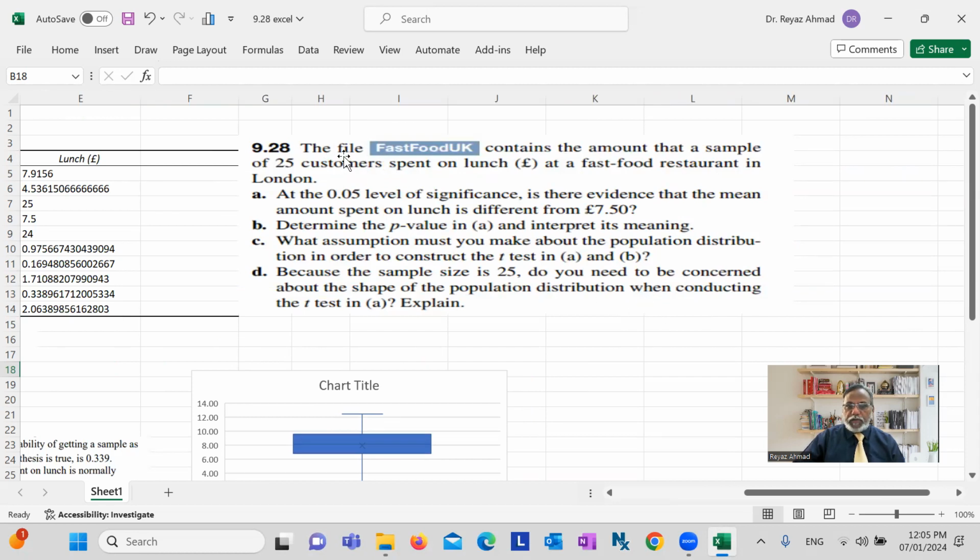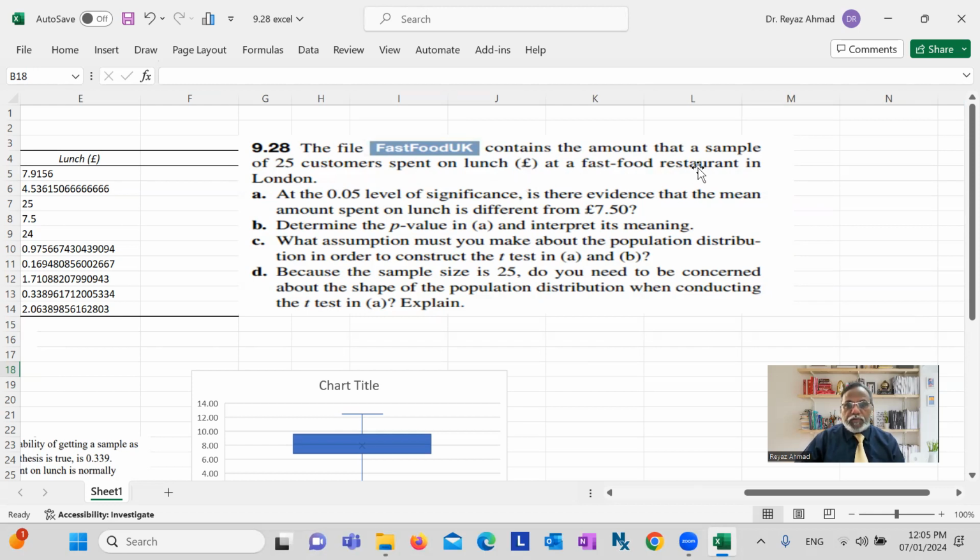So if you read the question, the file fast food UK, this is the data where you will get the data, contains the amount that a sample of 25 customers spent on lunch in pound at a fast food restaurant in London. So this is about the data given to you. The city London, 25 customers, food habit has been explained.